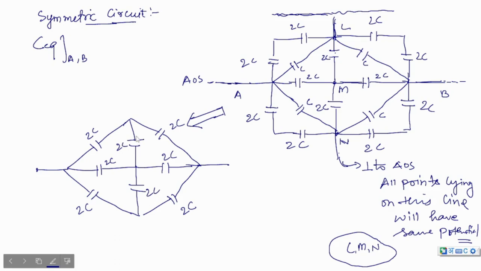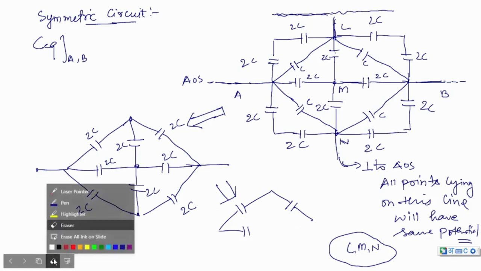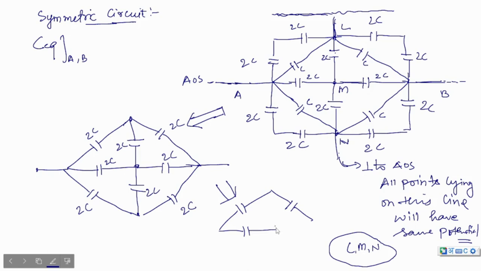Now you can remove these two from the circuit, because these points have the same potential. Redrawing this circuit, you will get a result like this.